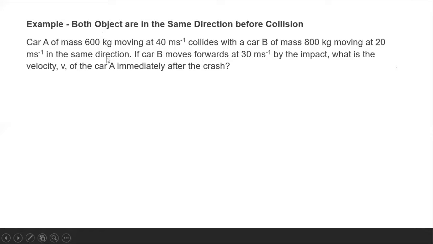So mass of 600 kg moving at 40, m1, u1 is 40, and then m2 and u2, in the same direction. If the car moves forward at 30 m/s, that is v2 here. What is the v1? v of A.